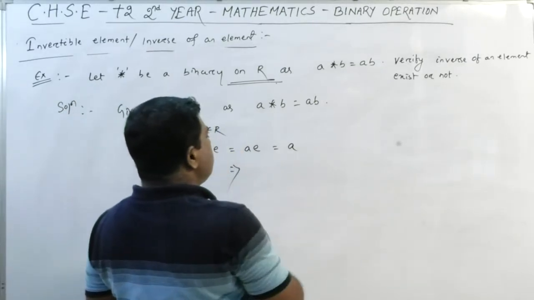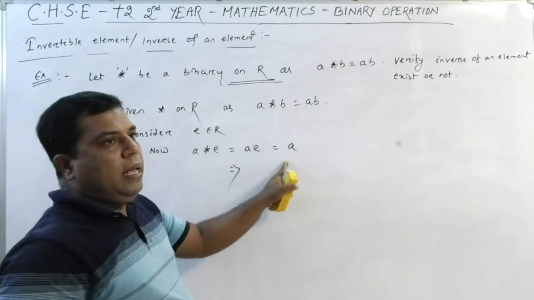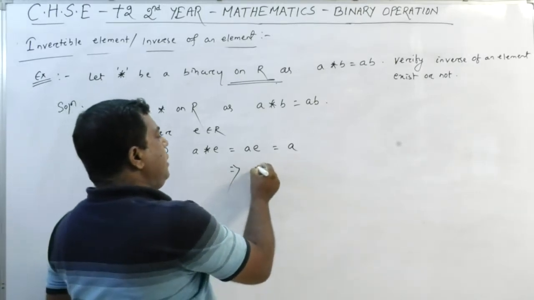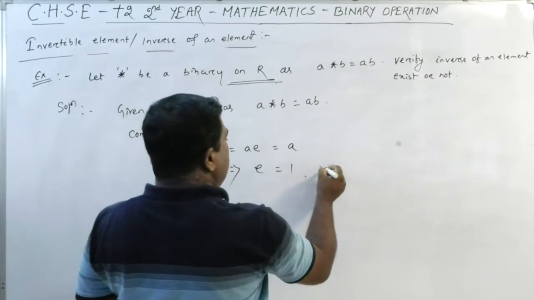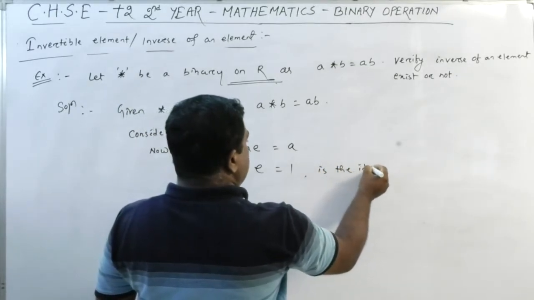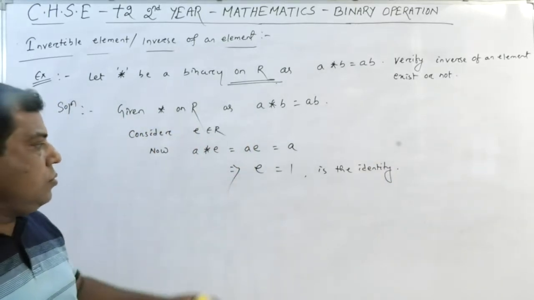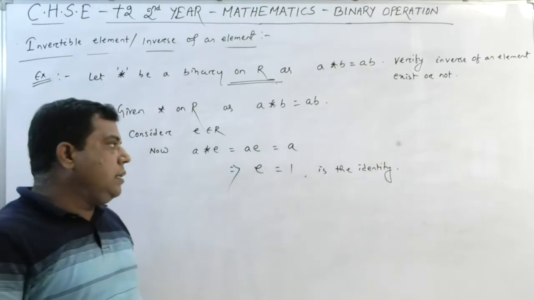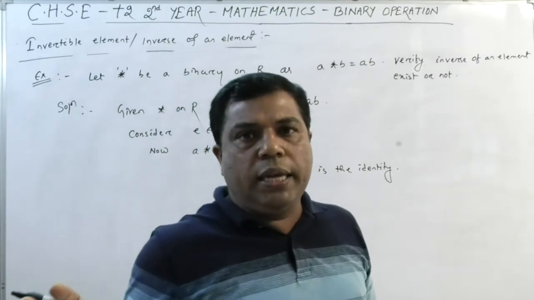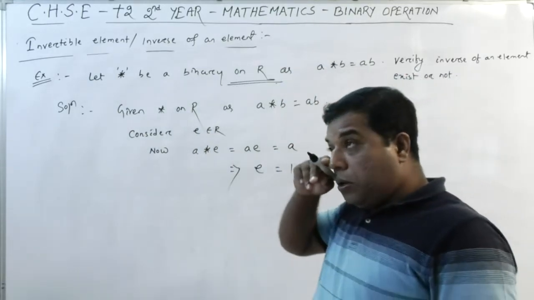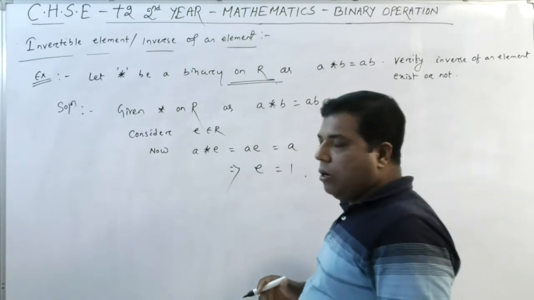That implies if AE equals A, then E is obviously equal to 1. So E equal to 1 is the identity here. Now we obtain the identity, and now we go for the inverse. Now we check whether the inverse exists or not.